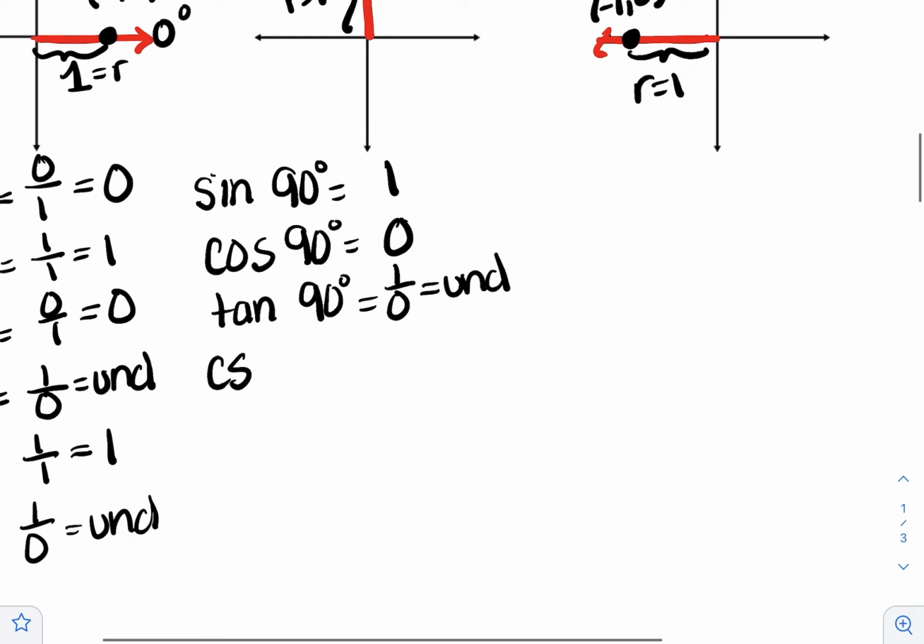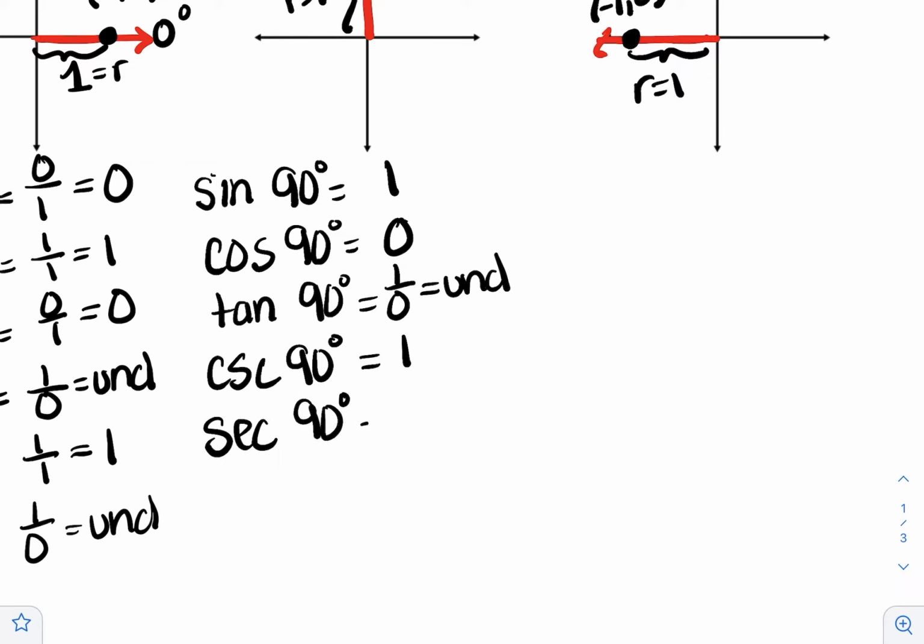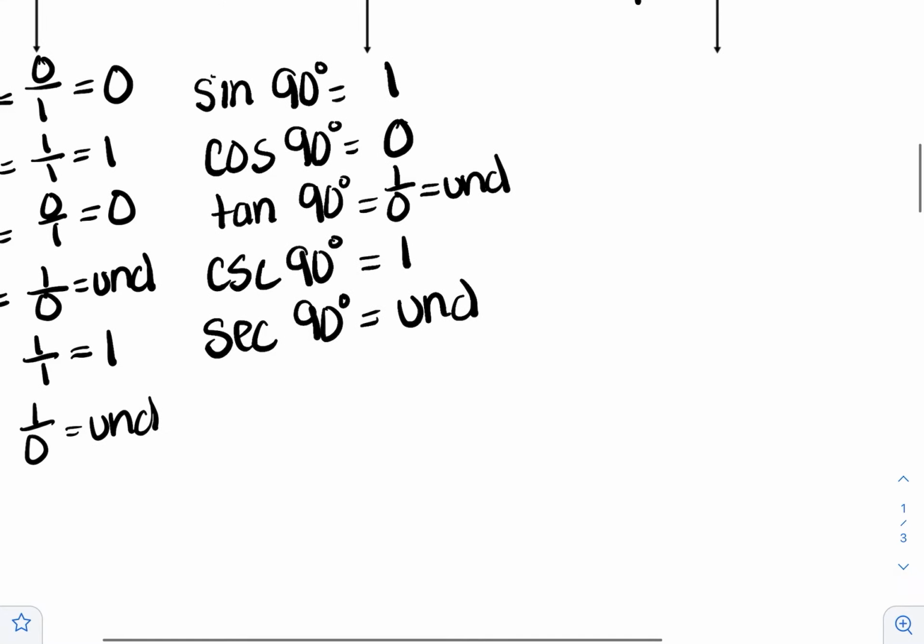The cosecant of 90 degrees, well, the reciprocal of 1 is 1. The secant of 90, the reciprocal of 0, is undefined because 0 goes in the bottom. And the cotangent of 90, well, the reciprocal of 1 over 0 is 0 over 1, which gives me 0. So now it's tangent and secant that are undefined.